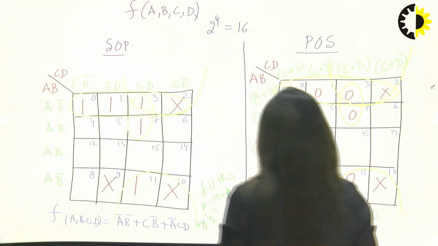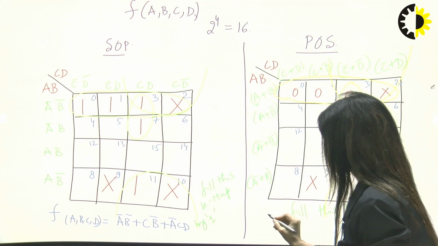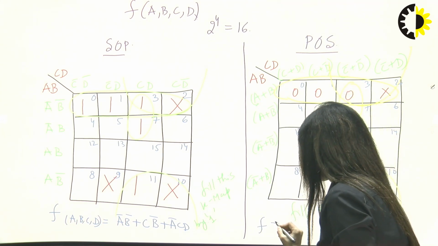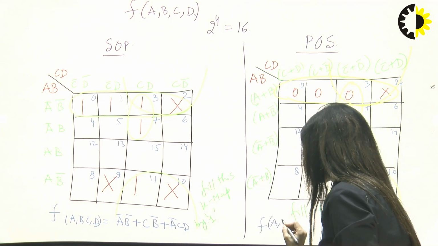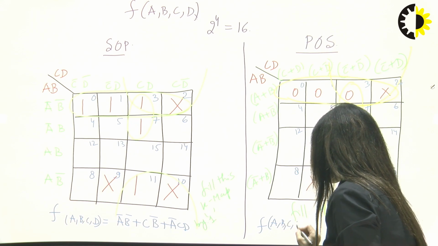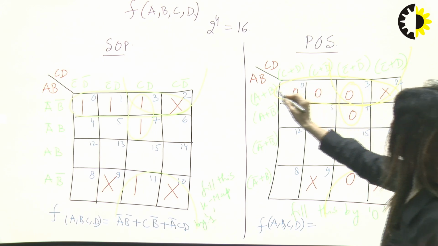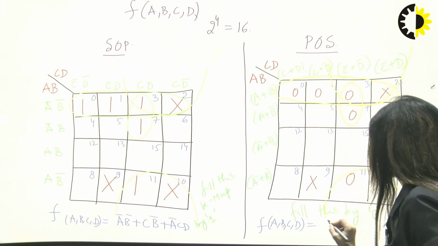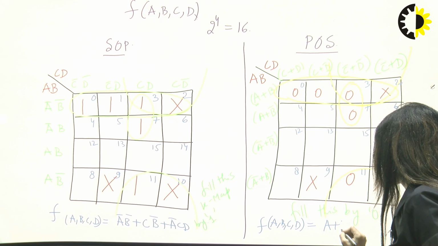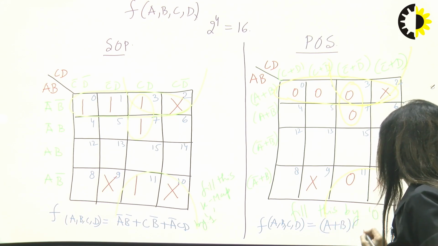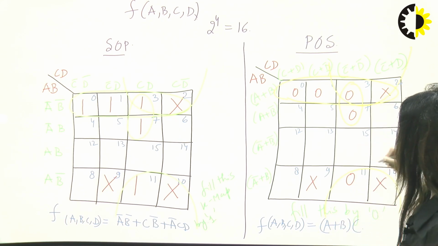Now similarly here I will be writing the expression F of A, B, C and D. Okay. Again for this, A plus B is common, so I will be writing A plus B into this.